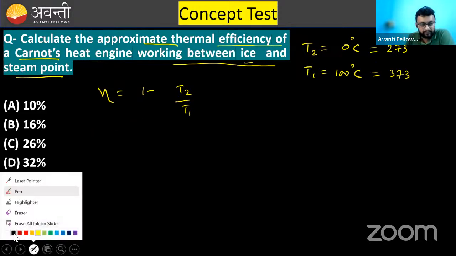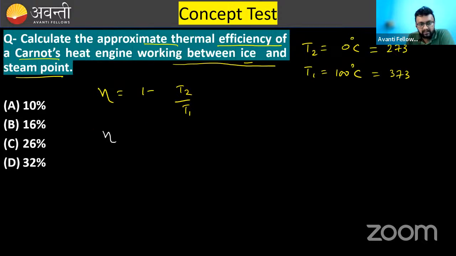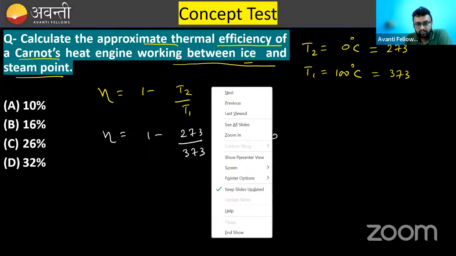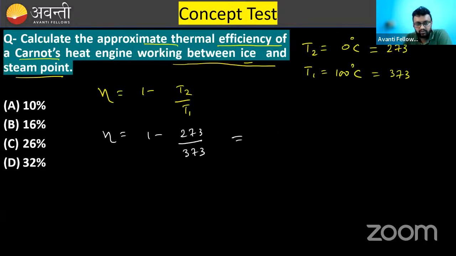If I put the values, what I will get, efficiency is 1 minus 273 divided by 373. And if you calculate it, you will get approximately 0.2681.